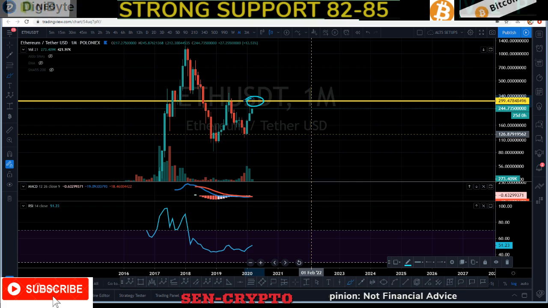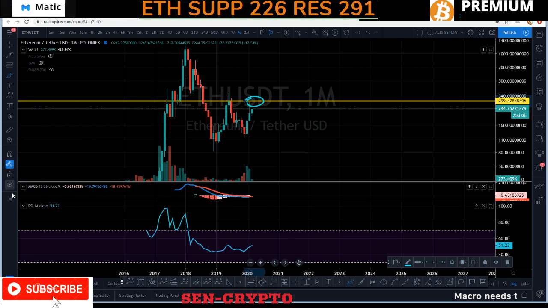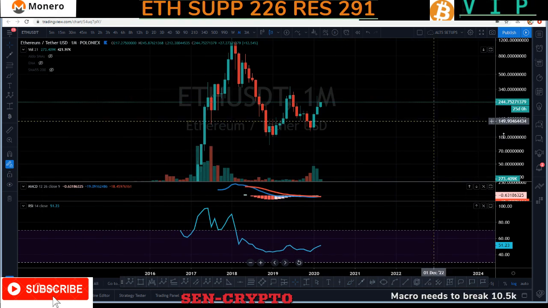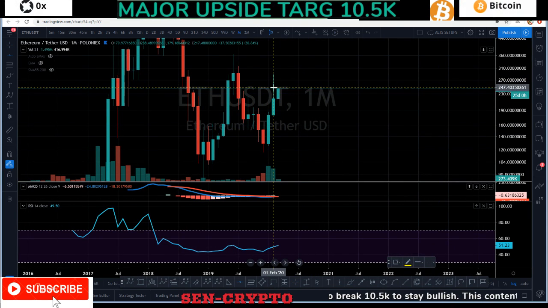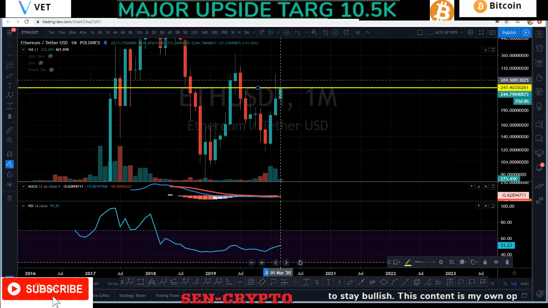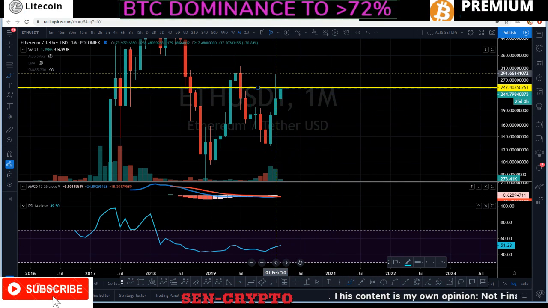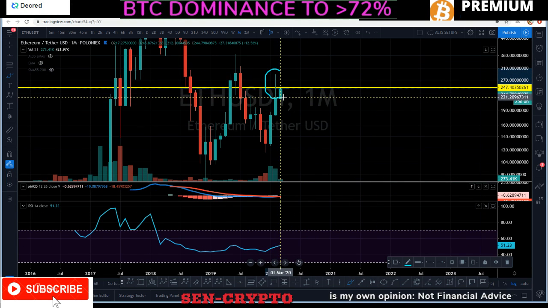On the lower degree, we're not looking great, right? Because if BTC is going to get rejected at mid 9K, most likely Ether is going to be rejected. And like I said, you can see Ether is already retesting 50% of this body candle, just like we were anticipating BTC to retest 50% of it, not the body candle, but the wick, okay?